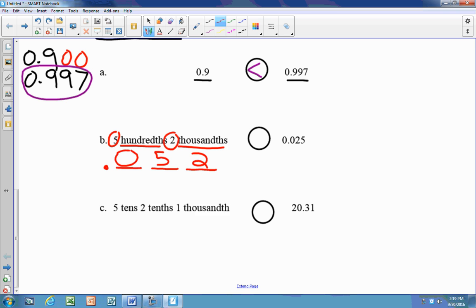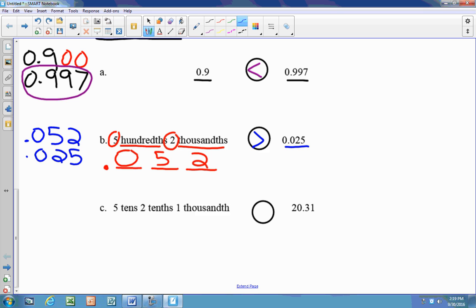I can't leave that empty. Now I can go to the side and I can stack my two numbers because the other one is already in standard form. So I have 52 thousandths and I have 25 thousandths. And when I compare the two of them, I notice that this one is larger.